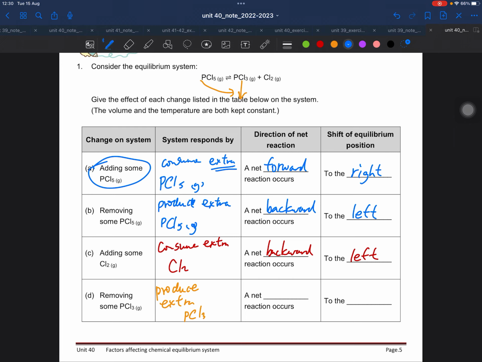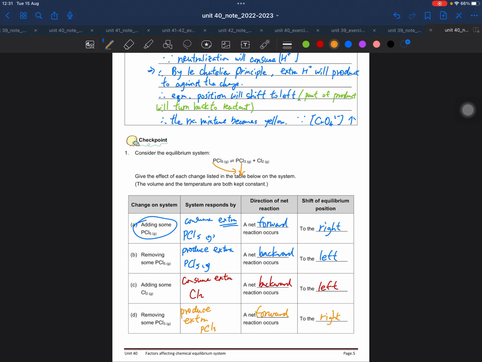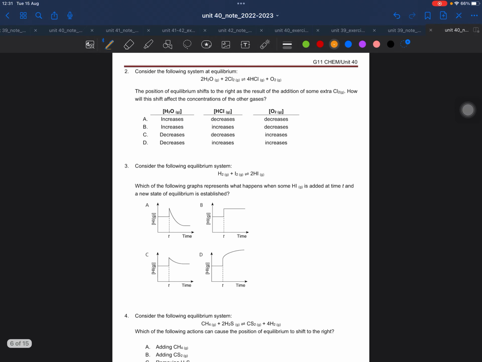Oh, it should be produced, not product, right? Okay, sorry. This produce a net forward reaction and to the right. So, if you use a pictorial illustration, the ball and the mountain, it will be easy for you to handle, right? I highly recommend this method for you. Okay.